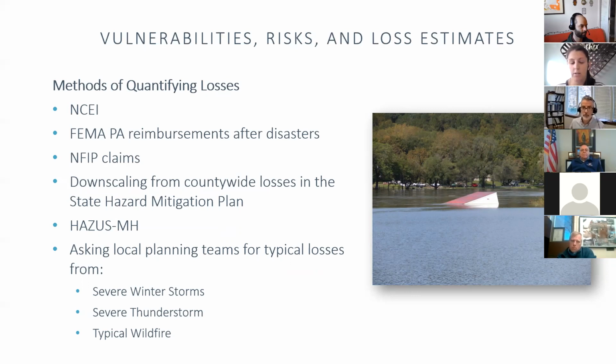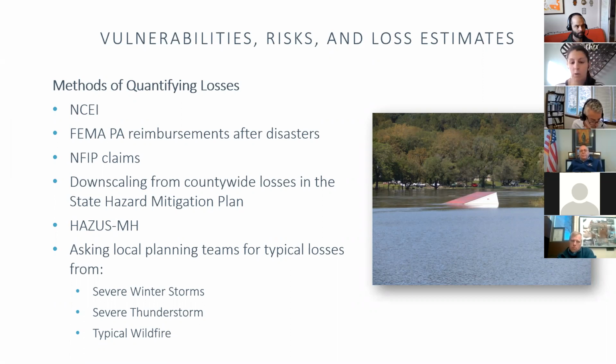We downscale that to the county level, which is the lowest scale we can go. HAZUS, and then again, we ask municipal staff and municipal planners, if you've had any recent economic losses, any numbers that we can include in the plan, it's a really great tool to make a more robust plan so we can really identify the challenges going on in your community.